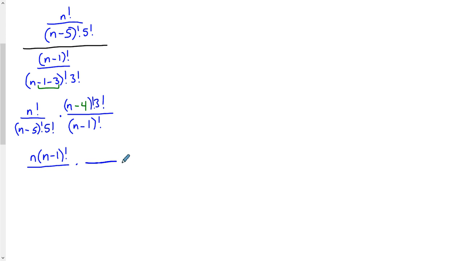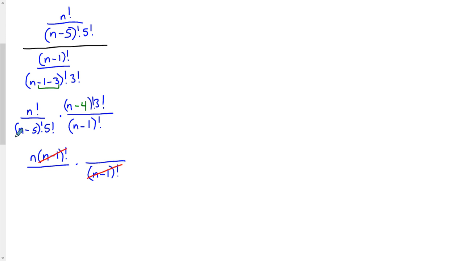Because in the other fraction, we have this n subtract 1 factorial. So that allows us to cancel a numerator and a denominator off right away here. Now, if we compare, we just have an n left on the left-hand side, on that left fraction.